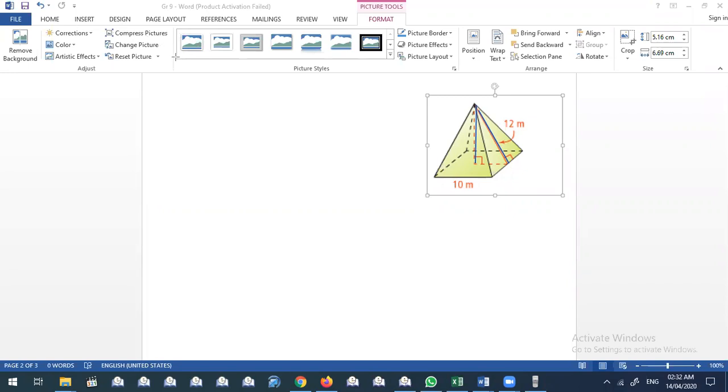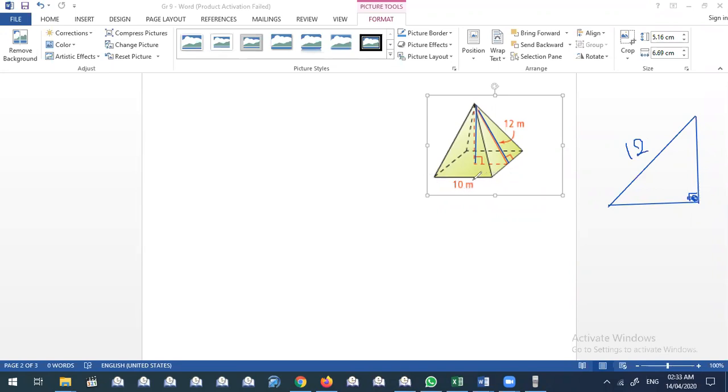Okay? If we have a slant height, as I told you before, you have to draw a right angle triangle like that first to put your information on it. The slant height is always the hypotenuse, and this angle is 12. This angle is 90.